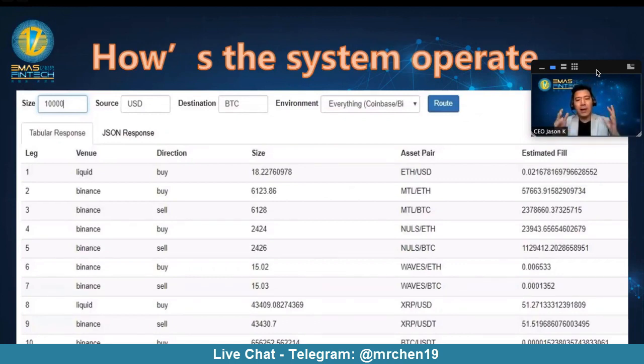This is how my engine looks at the back end. This is how my system operates. You might see this is a very simplified dashboard. Yes, it is a single access point that connects us with various exchanges, and we have everything under one unified dashboard.